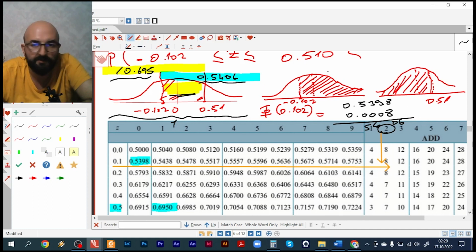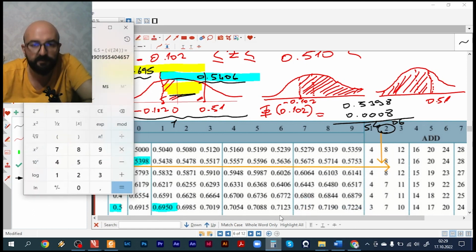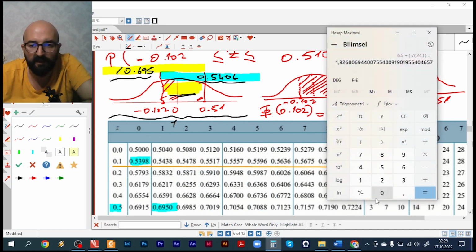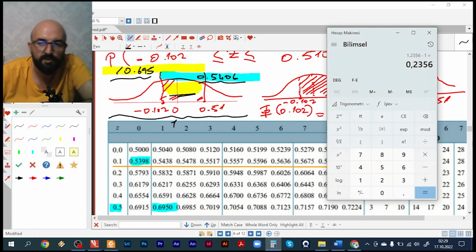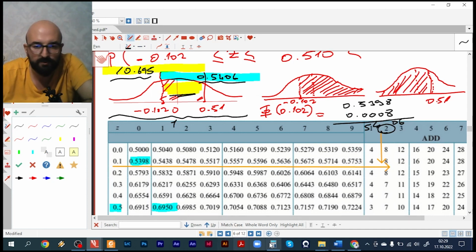So I want to figure out 0.695 plus 0.5406 minus 1, and it means 0.2356.